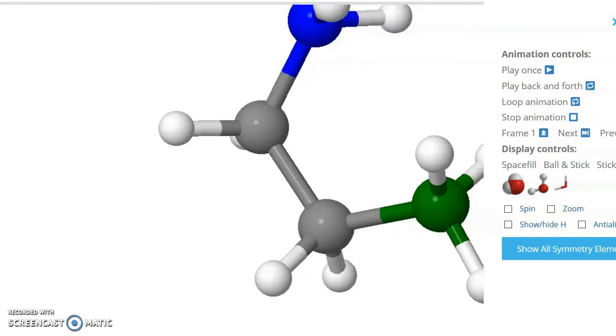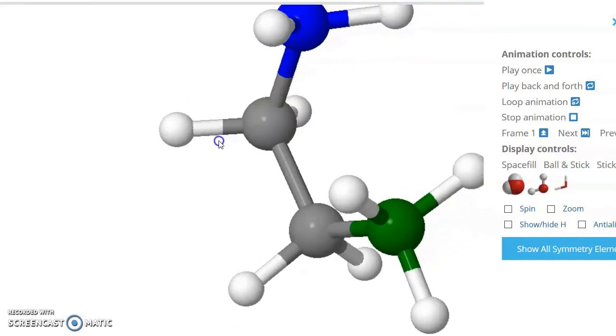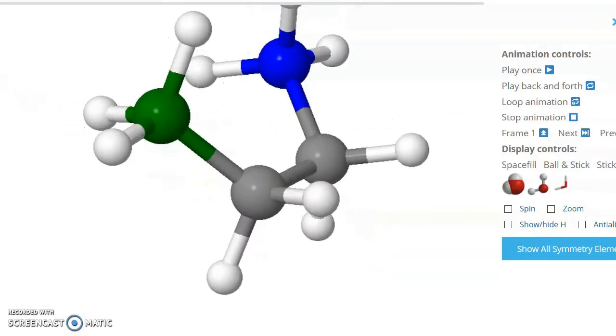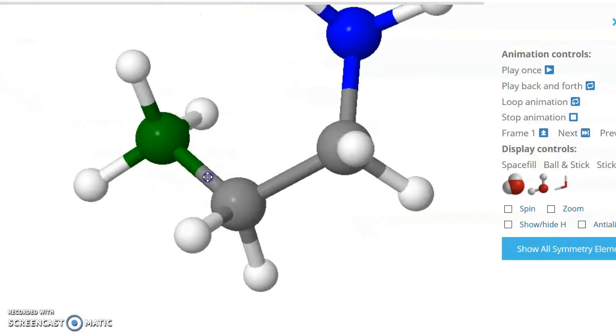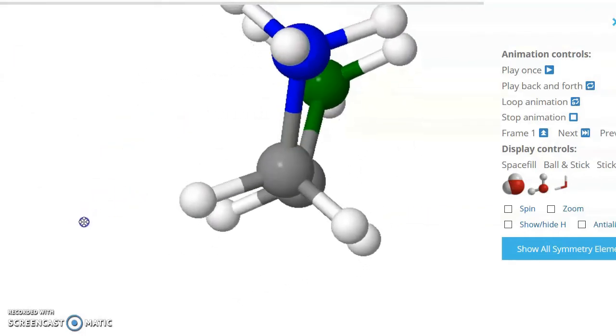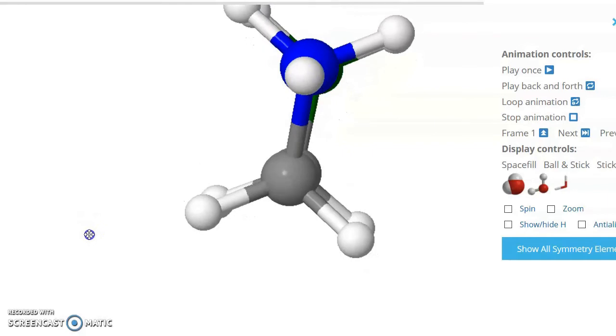Let us rotate this molecule once more. Now this is something like the eclipsed conformation. It looks like the Newman projection of the eclipsed conformation. Now we shall slowly rotate this and see how the Newman projection will appear.